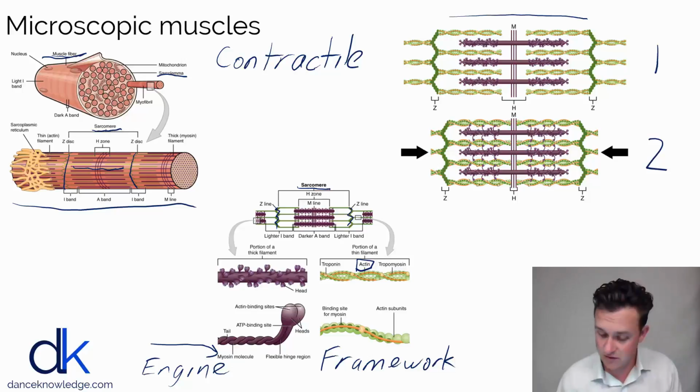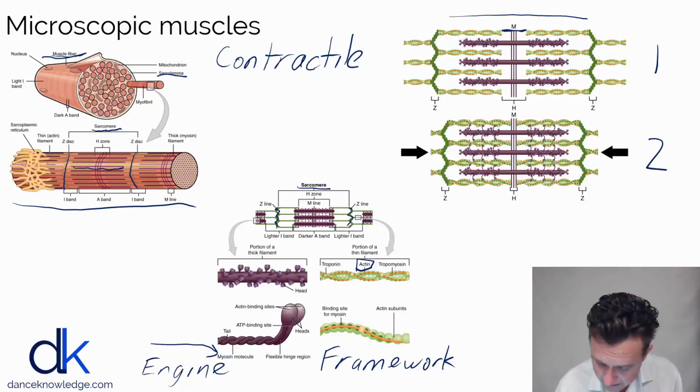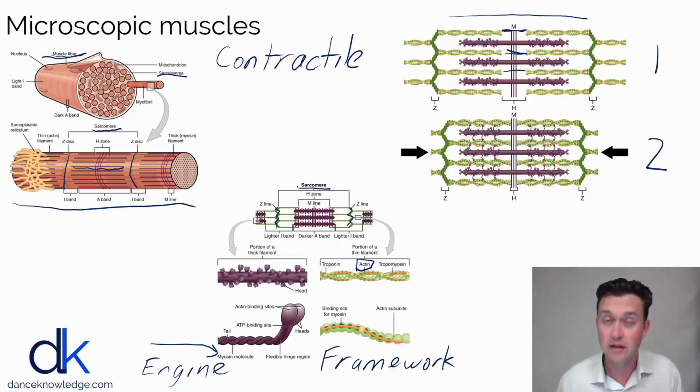And really the reason that it is longer is you can see that this gap here between the ends of the actin is greater than the gap here represented by the H in image 2. So for a muscle to contract, for a muscle to produce force and to produce movement, effectively what myosin does is it pulls actin together.